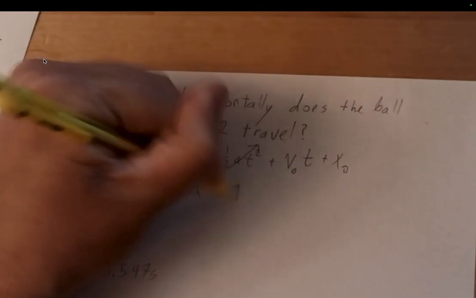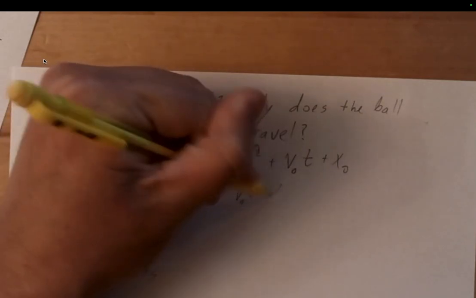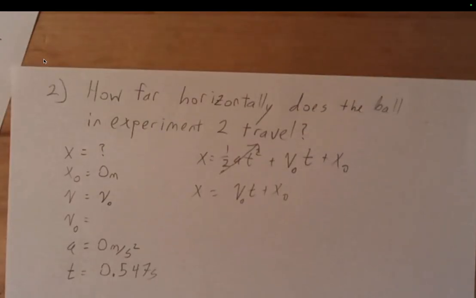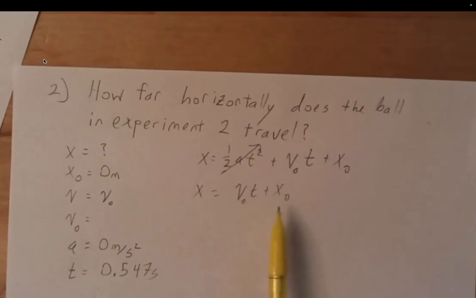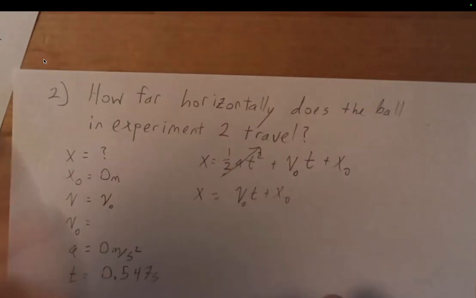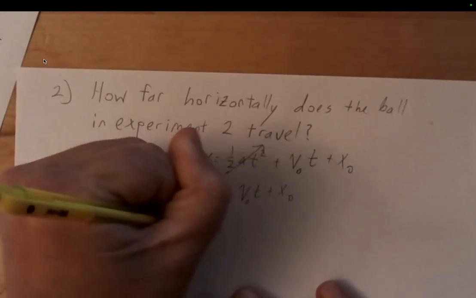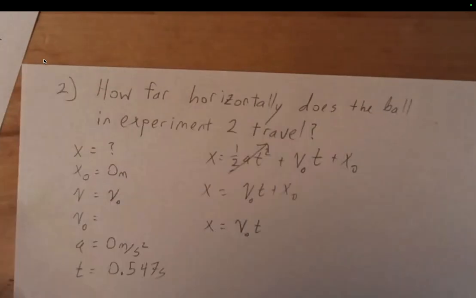This is going to equal v naught times t plus x naught, just like in the car lab, constant velocity times time plus the initial position. The initial position is also 0, so x is just going to equal v naught times t.